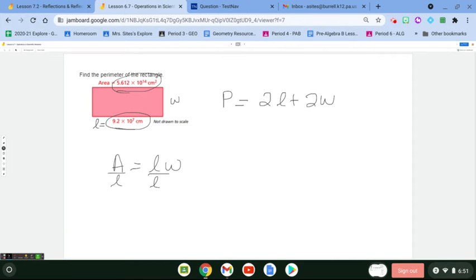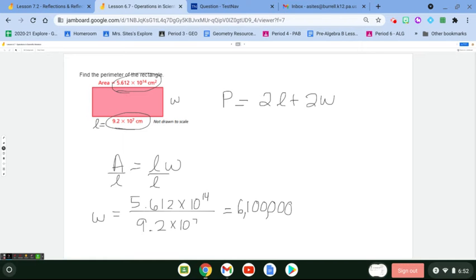So right now, I want you guys to do 5.612 times 10 to the 14th, and we're going to divide that by our length, which is 9.2 times 10 to the 7th. Let's get our width right now first. So when I figured out my width, dividing those two numbers just using my calculator, I ended up with 6,100,000 for my width.